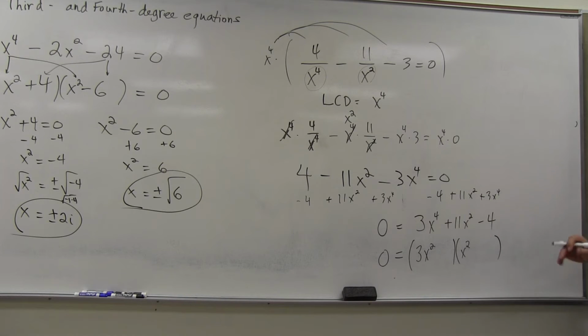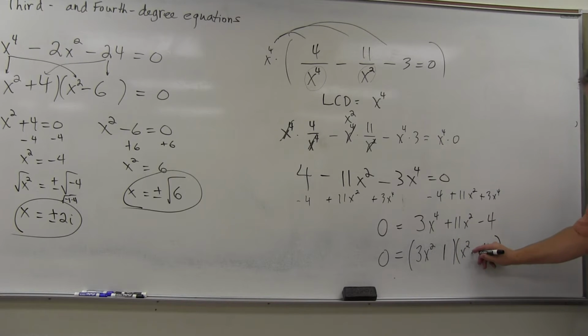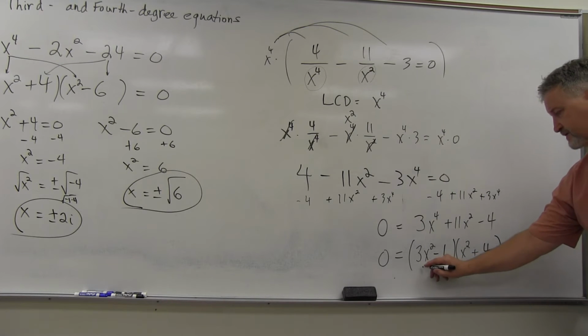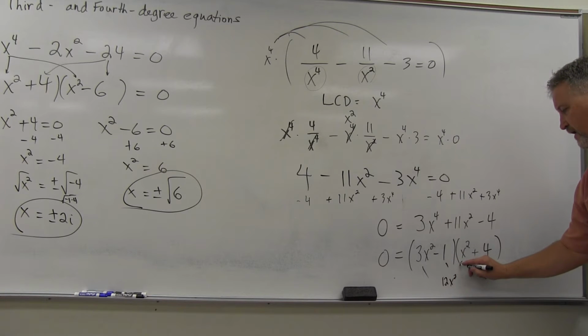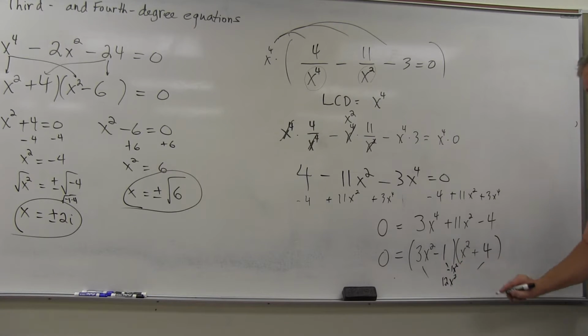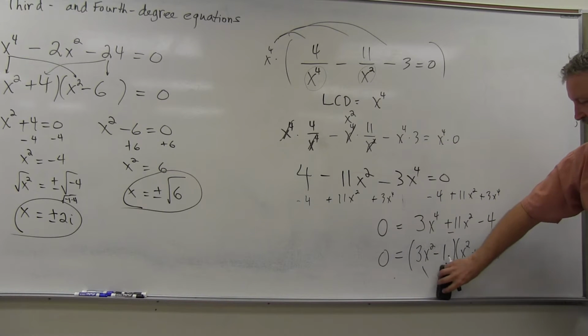You have to look at the outer and the inner terms. I believe a 4 is going to go here and a 1 here, and I'll tell you why. It's going to be a positive here and a minus here, because those are 12x squared, and those are minus 1x squared, aren't they? And so that makes the 11. You just have to kind of try and see what works out there.